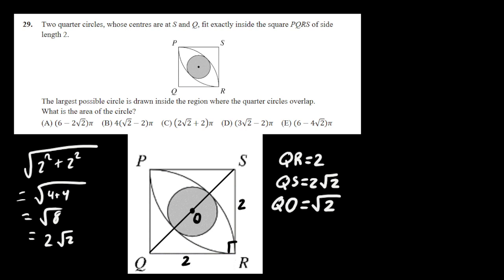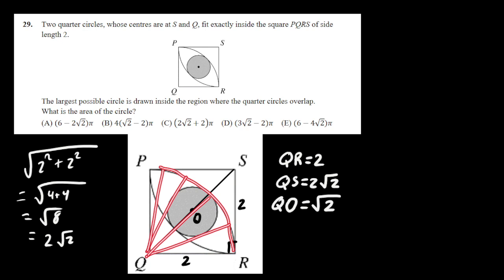Now we're going to take all the information we have right now and problem solve with it. We're going to get more information based on the information we already have. We shouldn't forget that these are quarter circles with radius 2, which means from this point, any line drawn to this arc is 2 units.